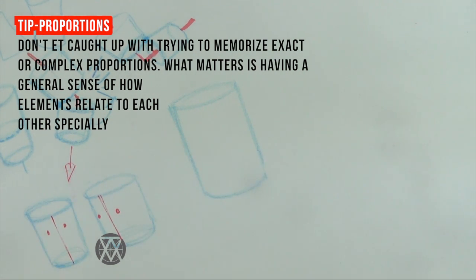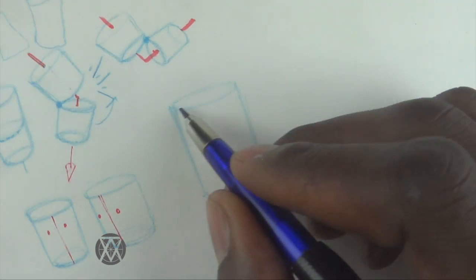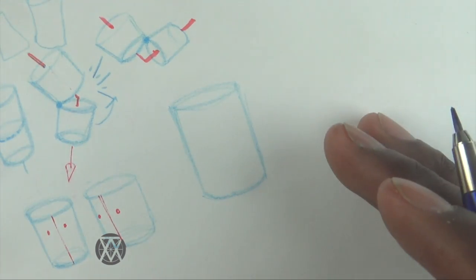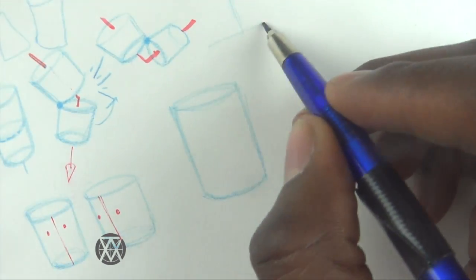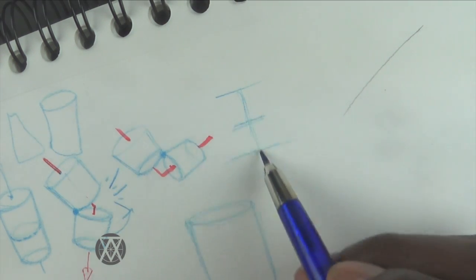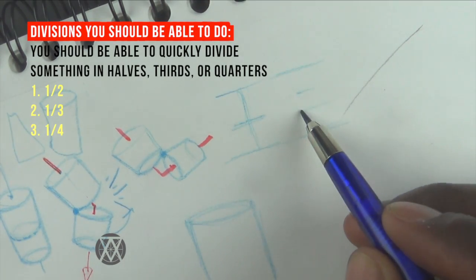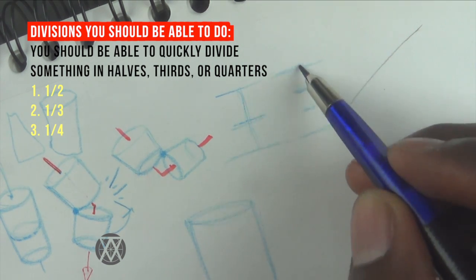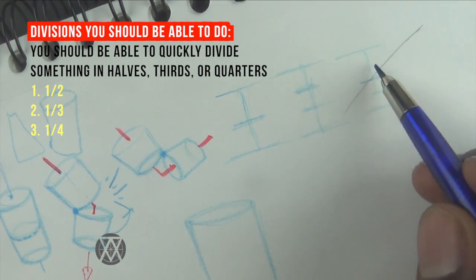Now, let's say you have a form like that. And there's another video where I gave some tips on how to, you should practice being able to make divisions. So say, for example, you have a line like that, you should be able to make a half. Practice dividing things in halves. Practice dividing things in thirds, like that. Practice dividing things in quarters.